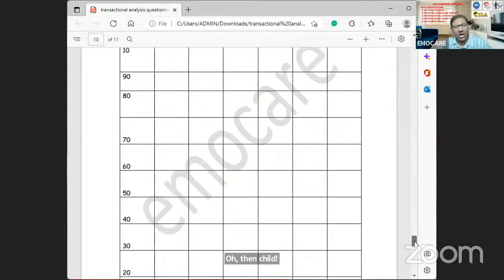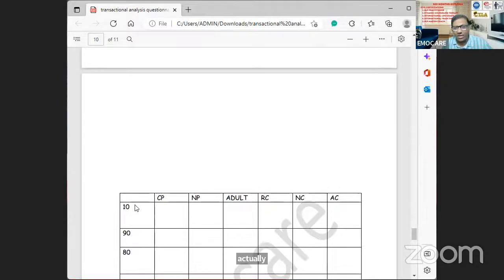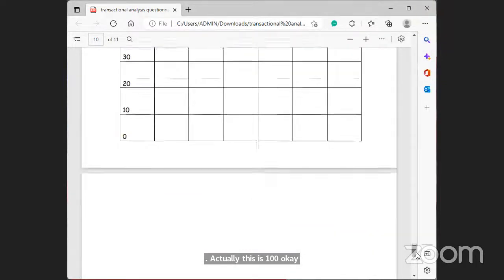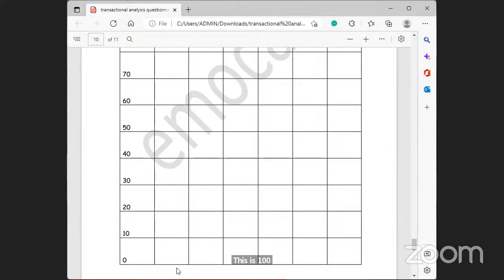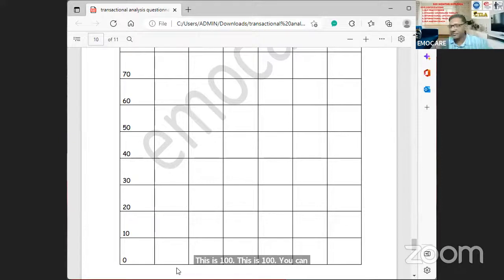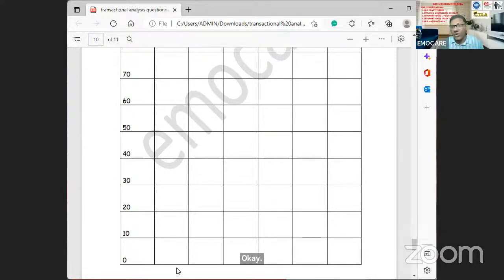Now here what we can do is, this is 100. You can draw the aspect here. Visually you will be able to see which one is more. Obviously, child is 12 because it is a little more. And I'm sharing the online questionnaire.